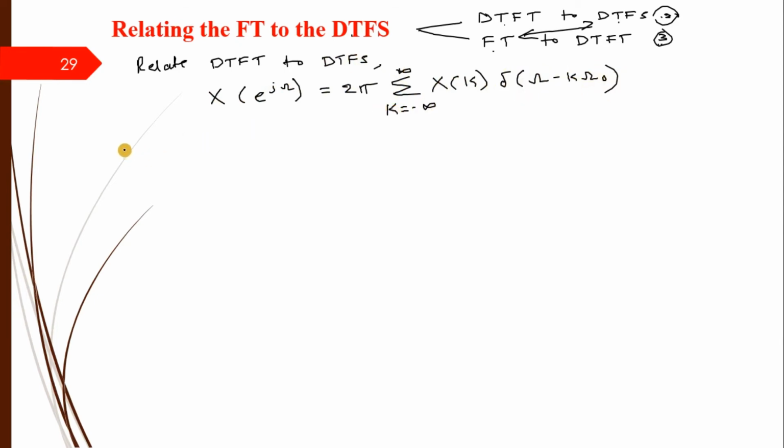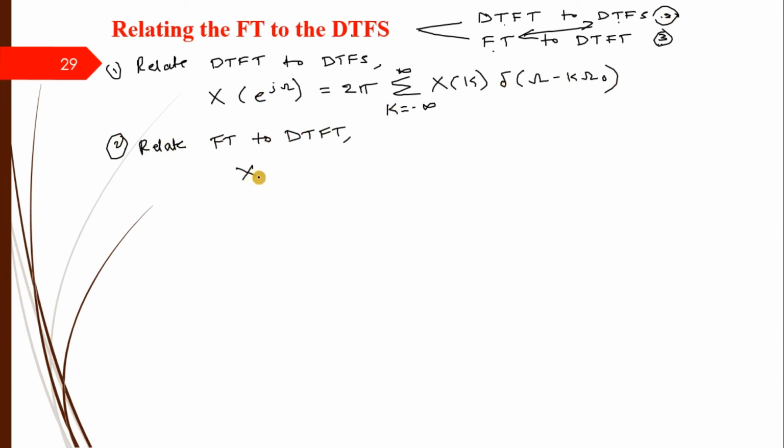So next step is, this is a relation that I have taken from relation 2, derivation 2 that we did in previous session. Now step 2, this is first step, the second step. Relate FT to DTFT that we just now did.